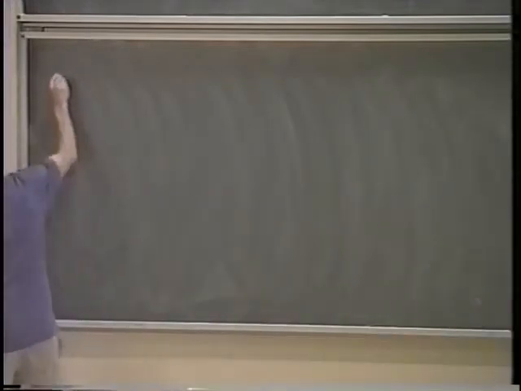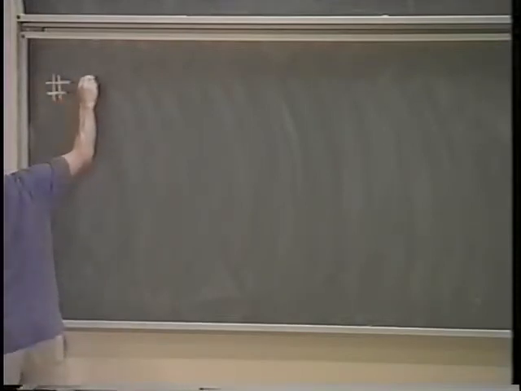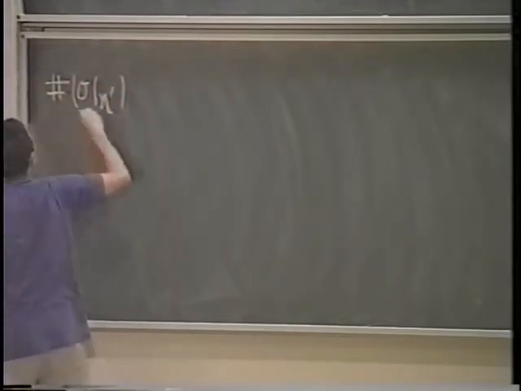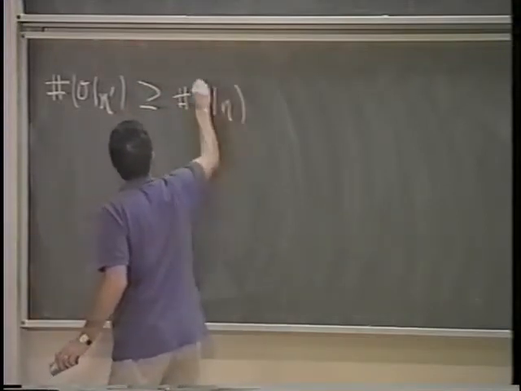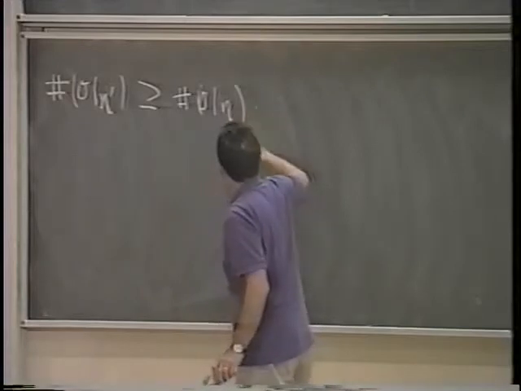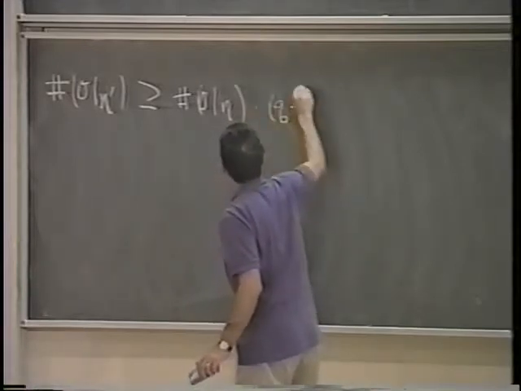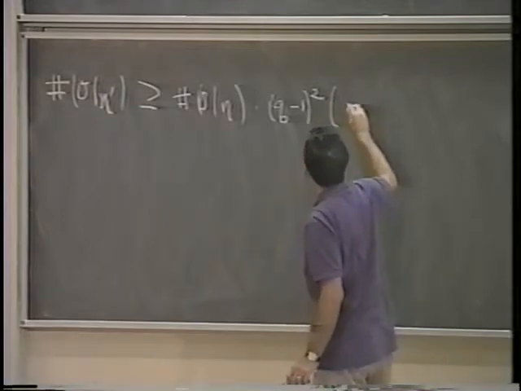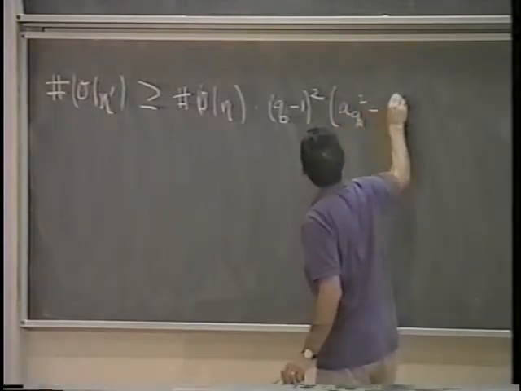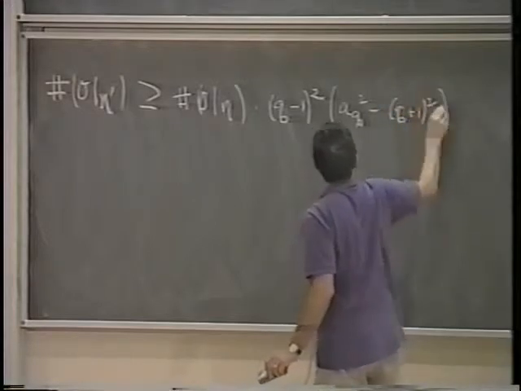What the problem that we're doing has become is simply that of showing that if we consider O mod eta prime, that this is greater than or equal to, well, the O mod eta times the constant that I've written before, and that constant is (q minus 1) squared times (a_q squared minus (q plus 1)) squared.